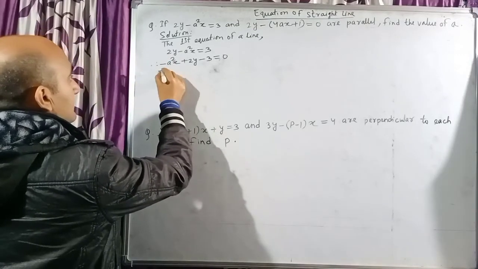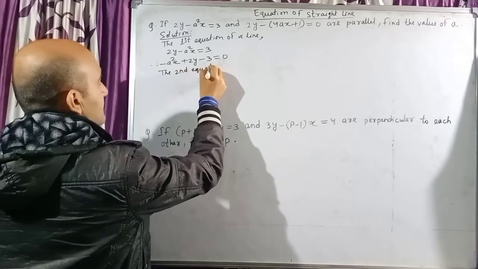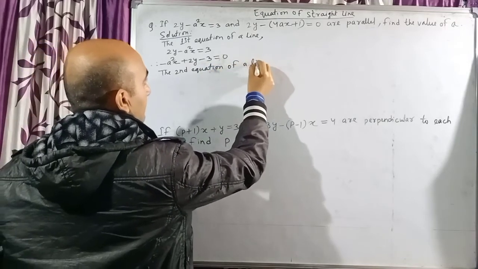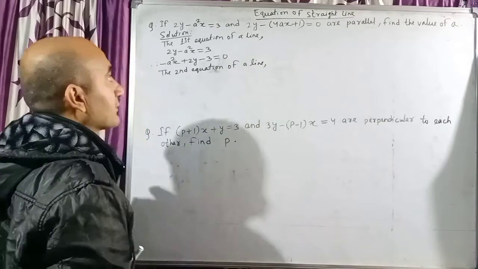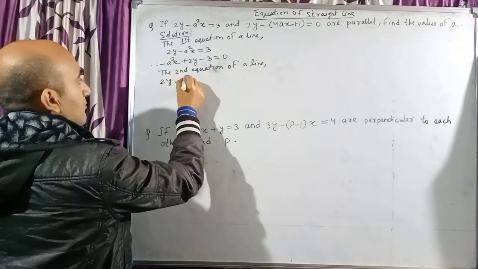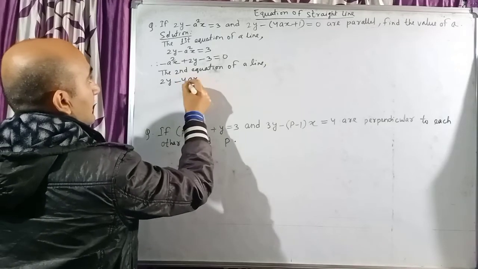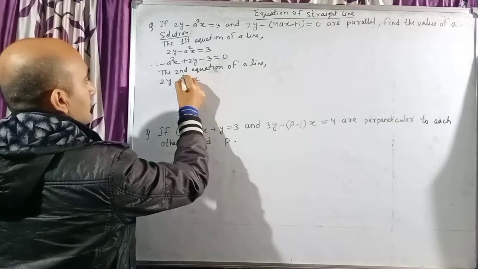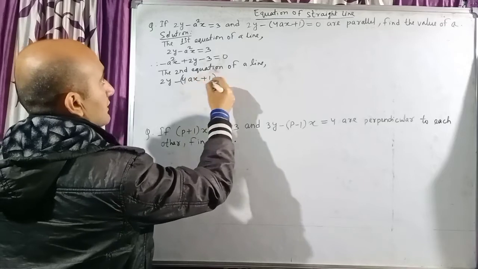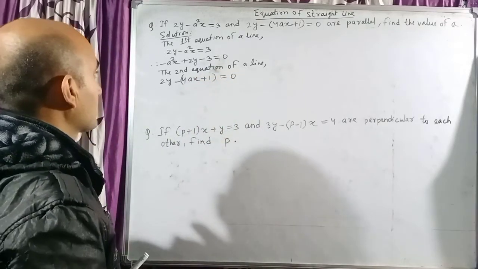Make such formation. Now this is the first one. Okay, the second equation you also arrange. The second equation of a straight line we have: 2y minus 4ax plus 1 equal to 0.